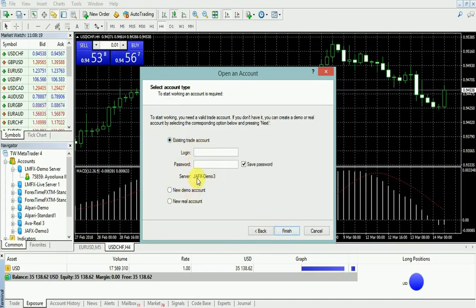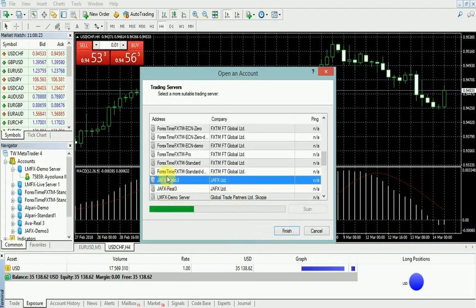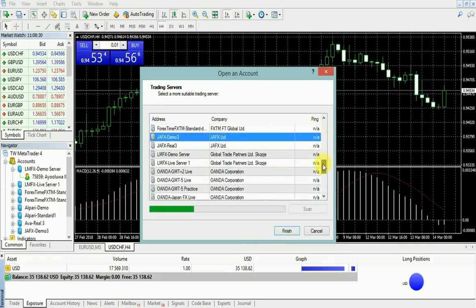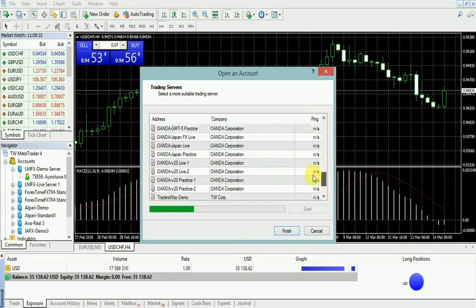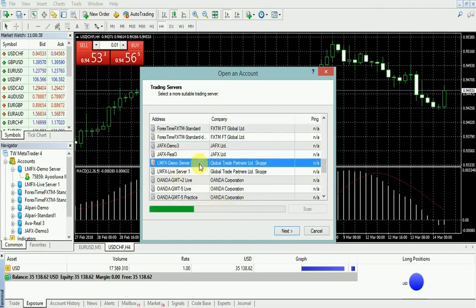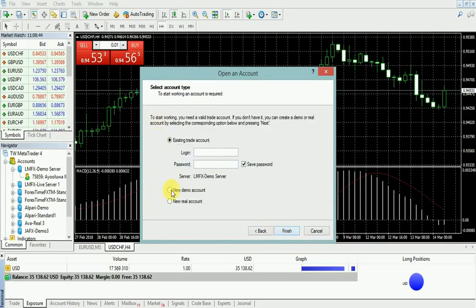Now the server here says GEFX demo 3, so we have to go back and look for LMFX. Now I have used LMFX before, so that's why you have it here, but you can also search for it here. So you search here, LMFX demo comes out, you click next, and then you log on.